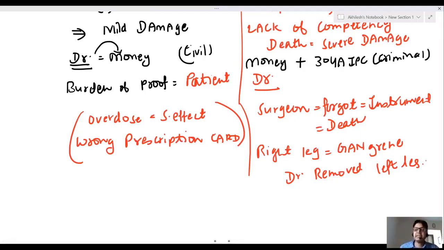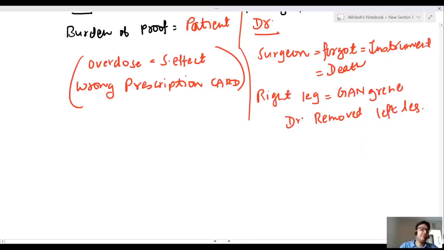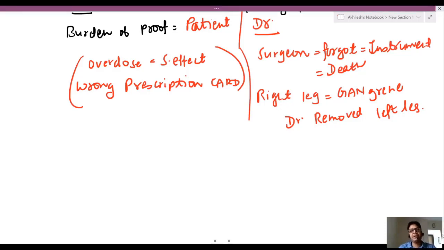Sir, these are two examples of criminal negligence, because there are chances of death, chances of severe damage. Surgeon forgot instrument in the body. Right leg gangrene, doctor removed left leg. These are examples of criminal negligence.